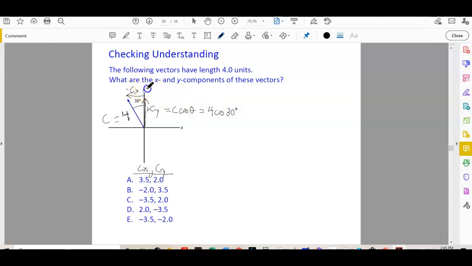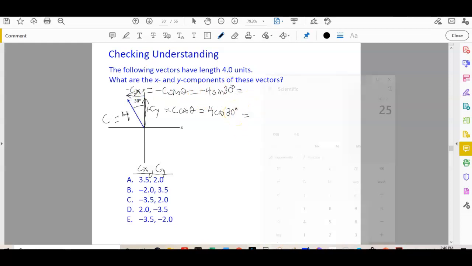The cx guy is to the left, and it's the c vector sine, and that's the opposite. So we should be thinking hypotenuse sine of theta, which is then going to be -4 sine of 30 degrees. -4 because this guy is pointing to the left. All right, let's find out what cx and cy are.